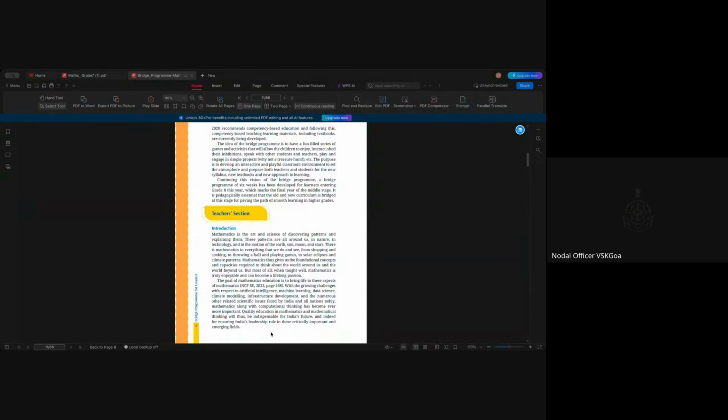So if we train our students to understand the patterns existing in our day-to-day life and surroundings, and if the child can explain those patterns easily, in some way he is developing problem solving ability and decision making skill.